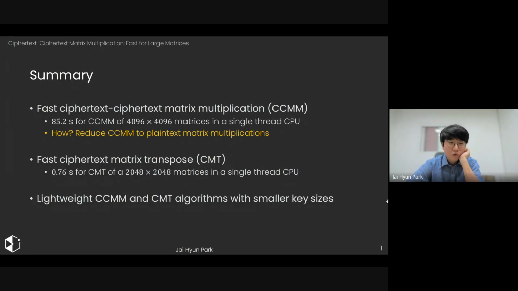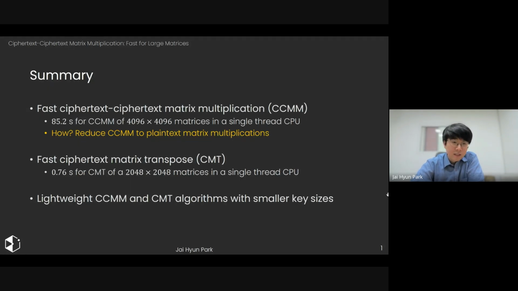We achieved this fast latency through an algorithmic reduction from CCMM to plaintext matrix multiplications. I'm also going to introduce a fast Ciphertext matrix transpose algorithm for transposing large matrices. Transposing a large matrix of 2,000 by 2,000 took less than a second on a single-thread CPU.